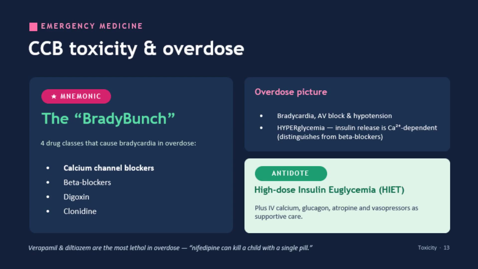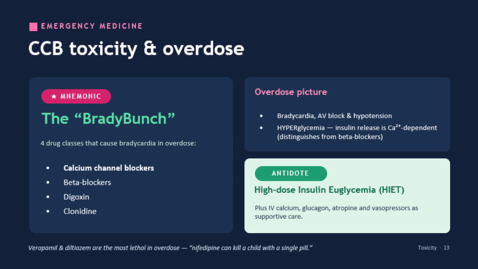My mnemonic for the slow heart: the Brady Bunch. And what is the antidote of choice? High-dose insulin euglycemia therapy, we call it HIET. I know insulin for a heart drug overdose sounds bizarre, but it works beautifully. Bradycardia, hypotension, hyperglycemia, and HIET to the rescue.